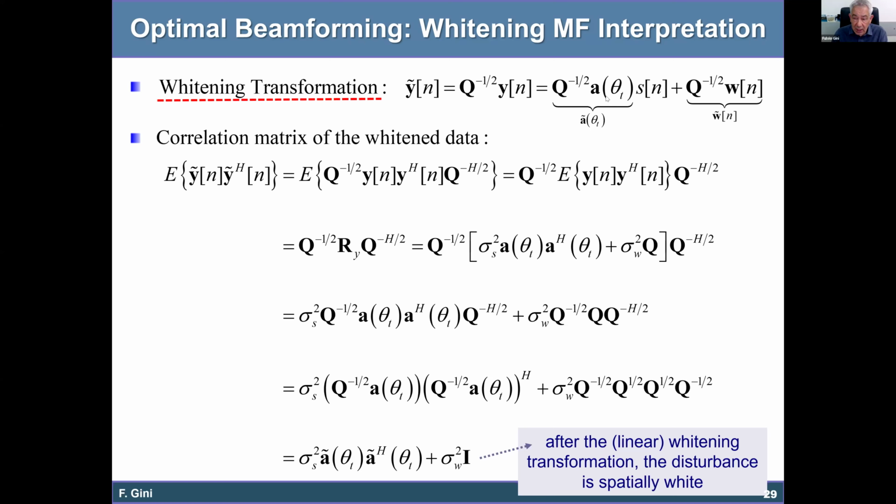Obviously, there is the signal and the disturbance. So when we multiply the data by this, we get the signal, which can be written as A tilde times Sn.